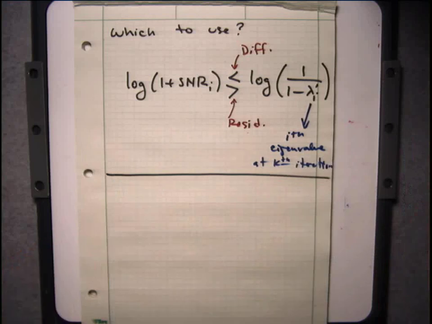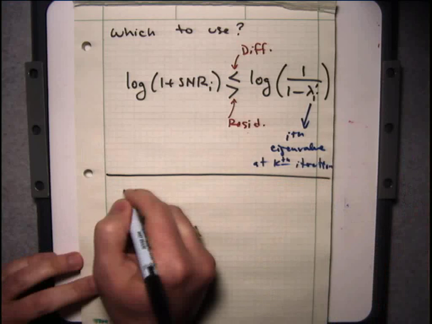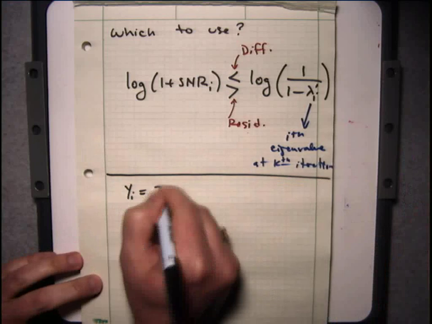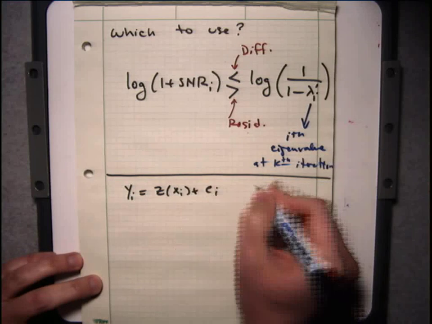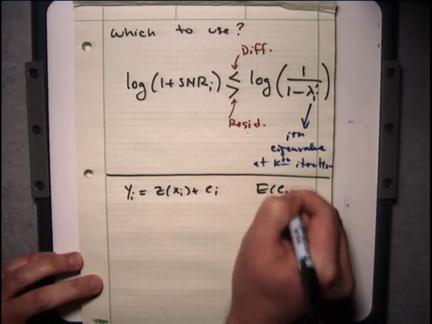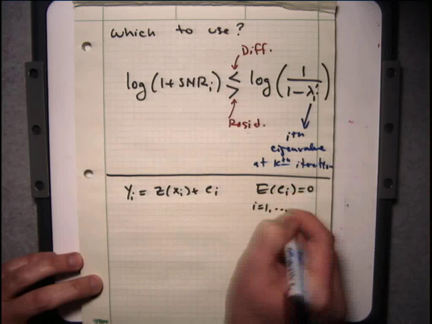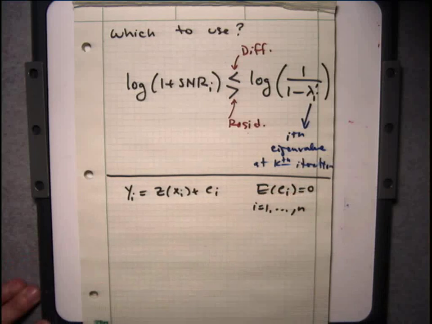So suppose that I write a very general description again like this. Yi is z of xi plus ei. And I'm going to assume that these are again zero mean. I have a bunch of data values, i equals 1 to n.